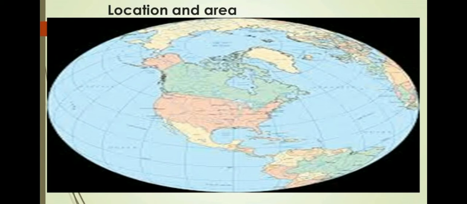The Tropic of Cancer passes through Mexico and the Arctic Circle runs through the northern part of Canada. Longitudinally, it extends between 53 degrees west and 180 degrees west and lies entirely in the western hemisphere. This continent has a great longitudinal extent, which results in 7 time zones.